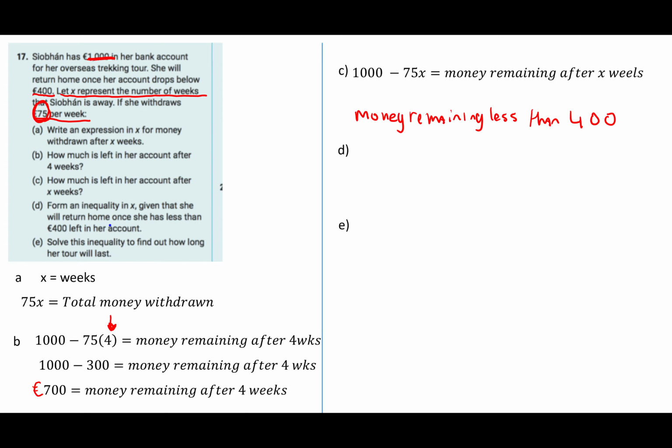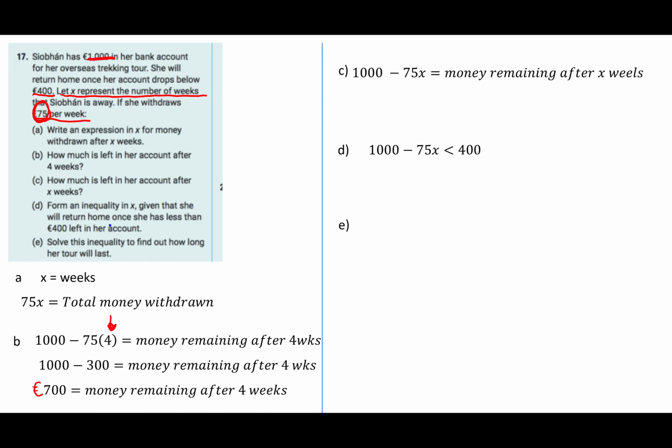Well, we know that her money remaining is given by the expression 1,000 minus 75X. And she'll return home when this value is less than, so we draw our less than sign, and it's less than 400. So our inequality becomes 1,000 minus 75X is less than 400.